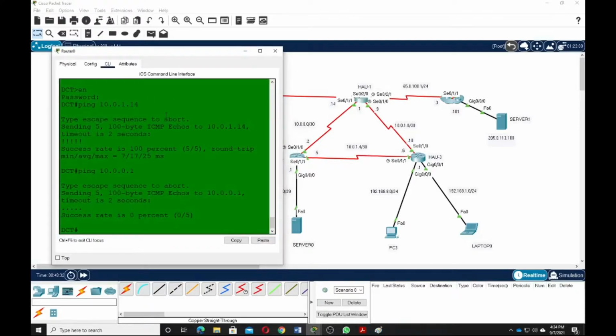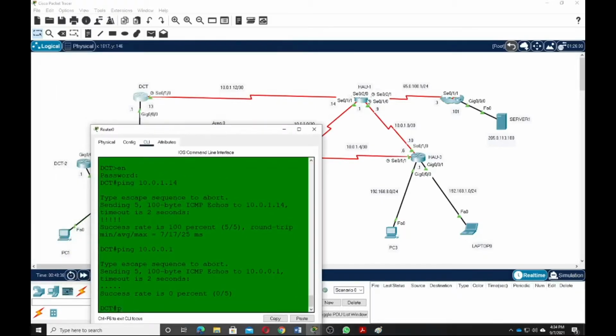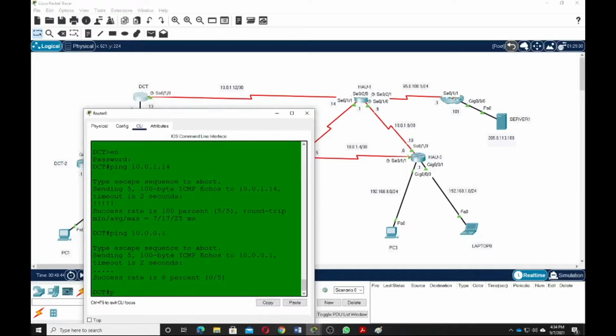For instance, if I ping the interface of HAU1, 10.0.1.14, they are connected because their interface is directly connected.